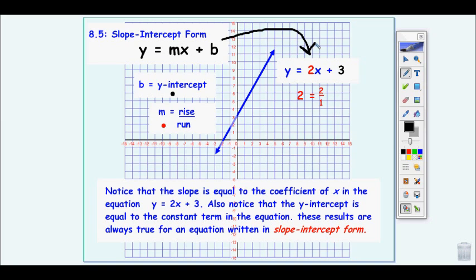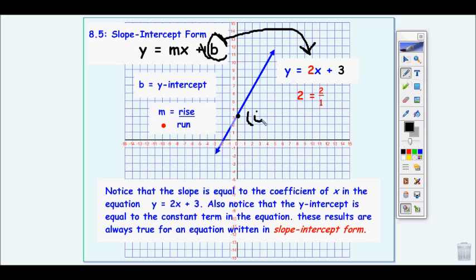First of all, the b in the slope-intercept form represents the y-intercept. So the constant term, 3, is the b term in the equation y equals 2x plus b. If it's the y-intercept, it means it's going to be on the y-axis, at the point 0, 3.